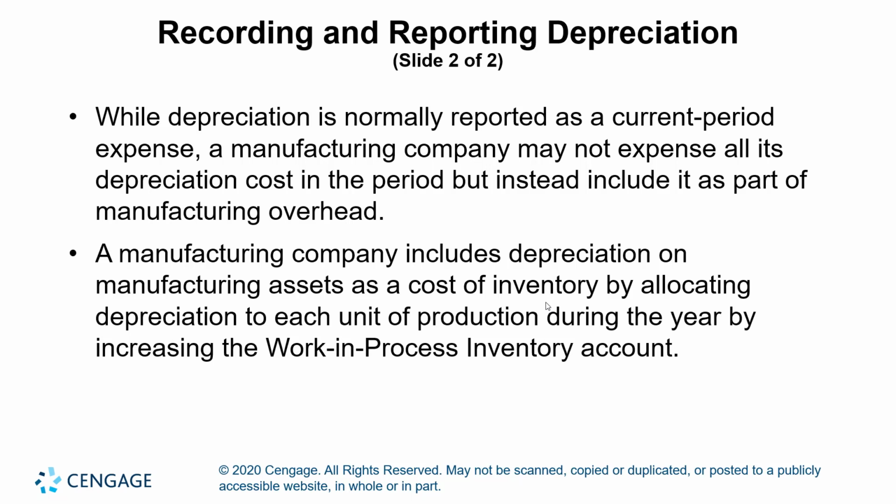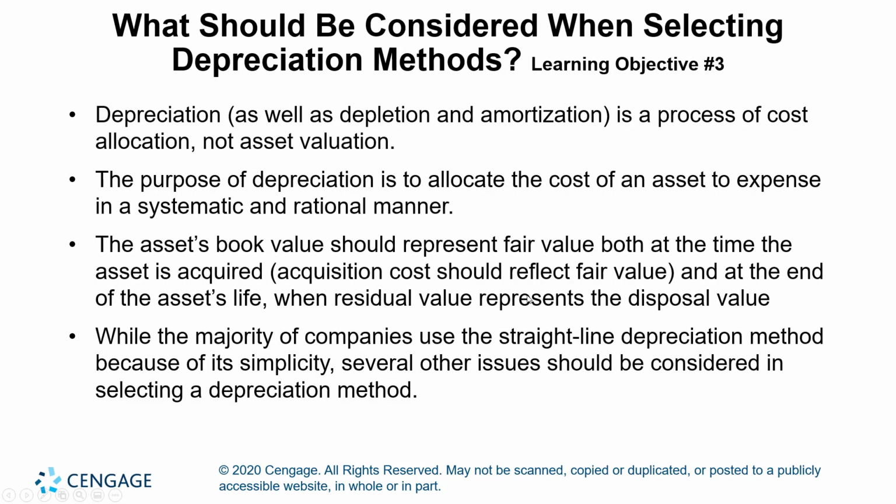Depreciation, as well as depletion and amortization, is the process of allocation, not asset valuation. The purpose is to allocate the cost of the asset to expense in a systematic, rational manner, and the asset's book value should represent fair value both at the time of asset acquisition and at the end of the asset's life.